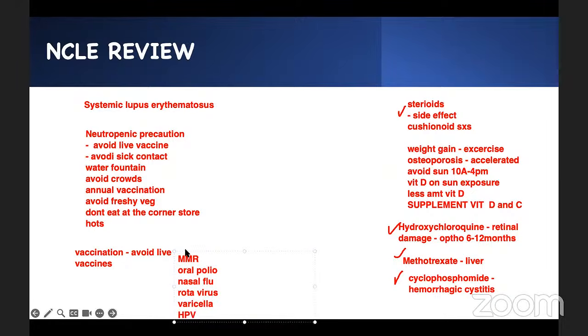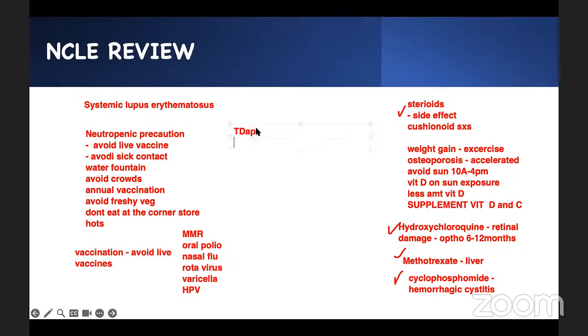HPV, they should also avoid. They can get this vaccine, Tdap, right? Tetanus, diphtheria, and then pertussis. They can get this vaccination, right? So these are the things they should avoid.